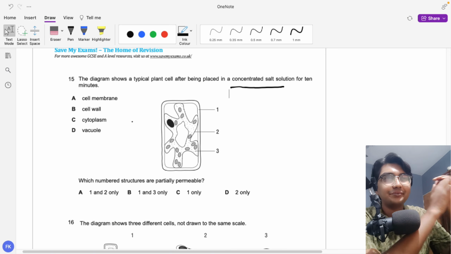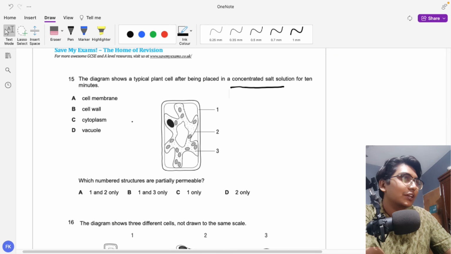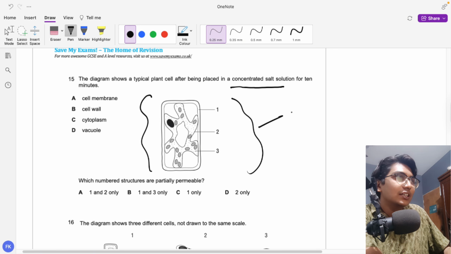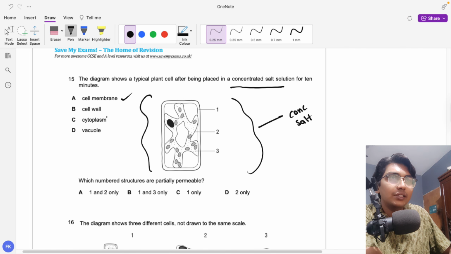So the plant cell is placed in a concentrated salt solution. So the solution surrounding the plant is concentrated, right? Concentrated salt for 10 minutes. Now we have A, B, C, D: cell membrane, cell wall, cytoplasm, vacuole.